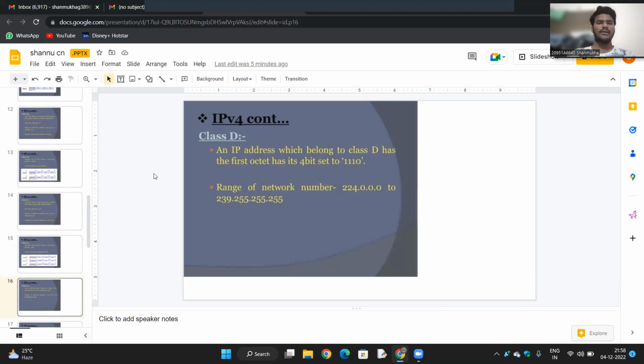Class D: an IP address belongs to class D if the first octet has its first 4 bits set to 1110. The range of the network number is 224.0.0.0 to 239.255.255.255.